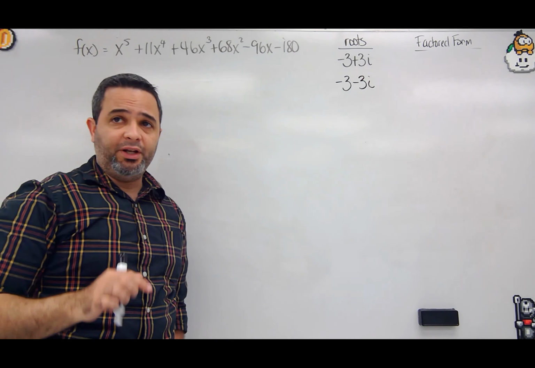So x squared, 3x, negative 3ix, 3x, 9, negative 9i, 3ix, 9i. We can see the ix terms will cancel, the i terms will cancel.